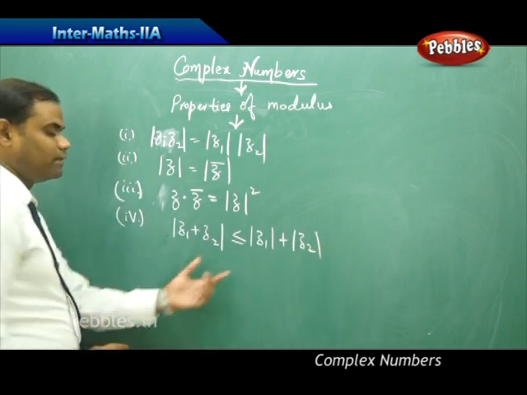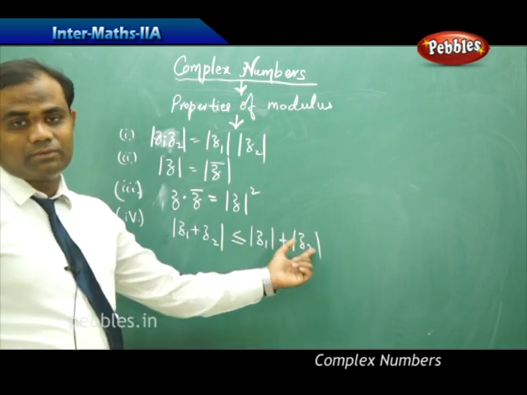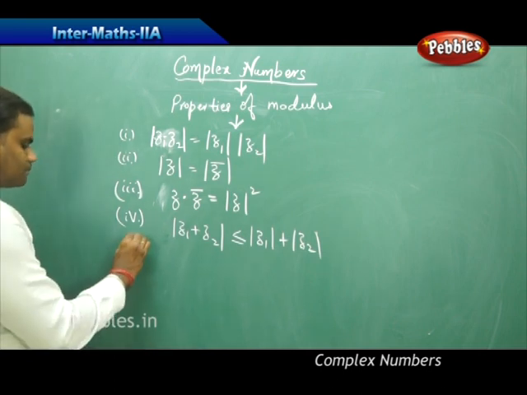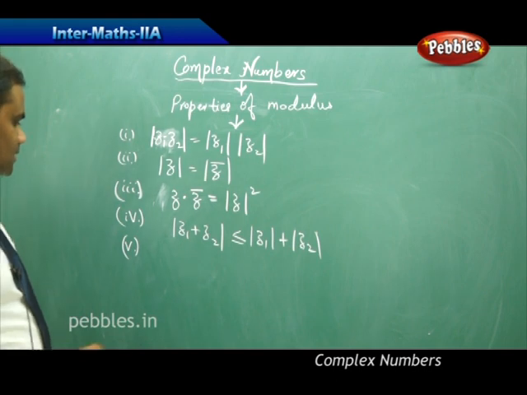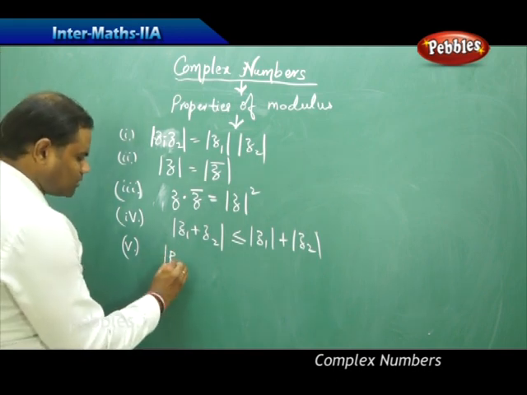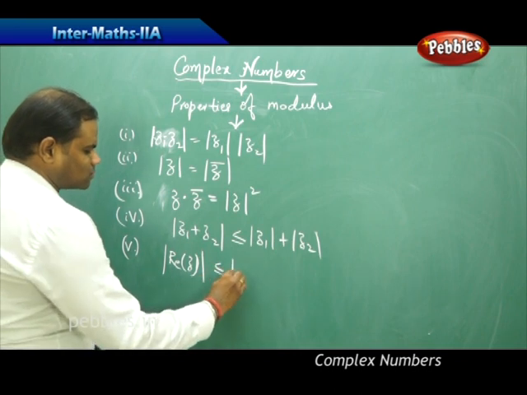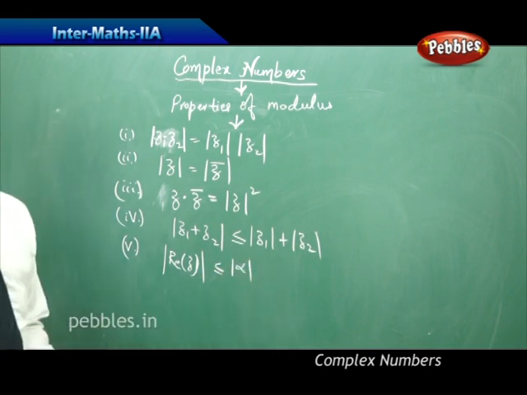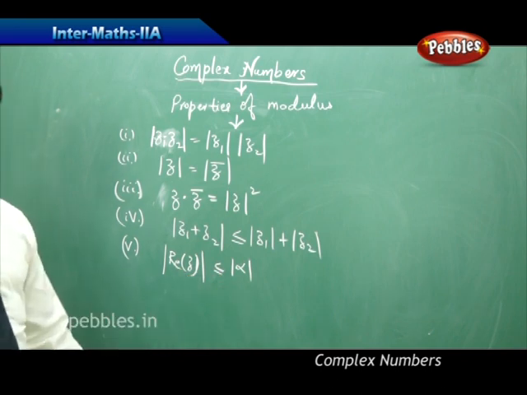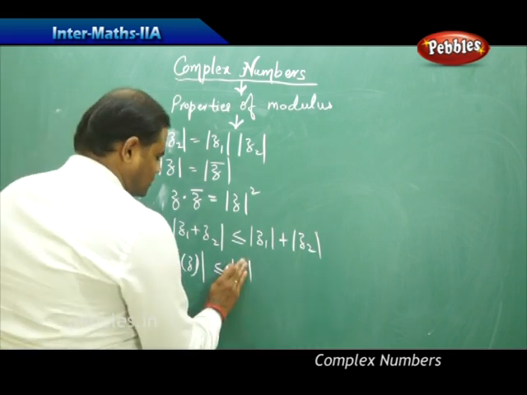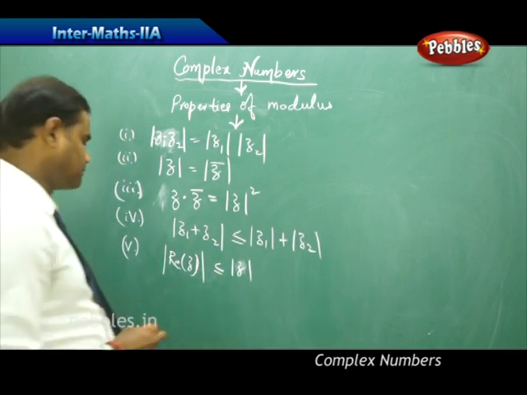It is not exactly equal, but at the most less than or equal to this. And next is the mod of real part of z is always less than or equal to mod of z.